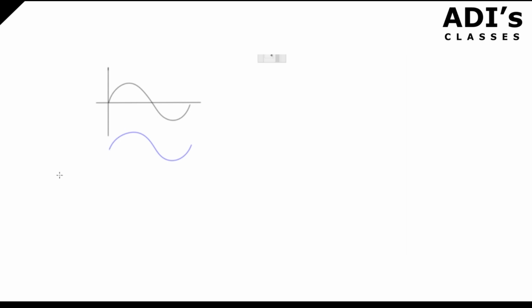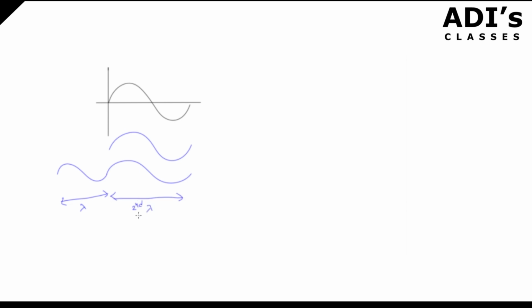Let's say this is the y-axis, and this is the x-axis. Now I'll write a sine curve. Imagine this is the sine curve. We have a peak amplitude here and this is the negative peak amplitude.